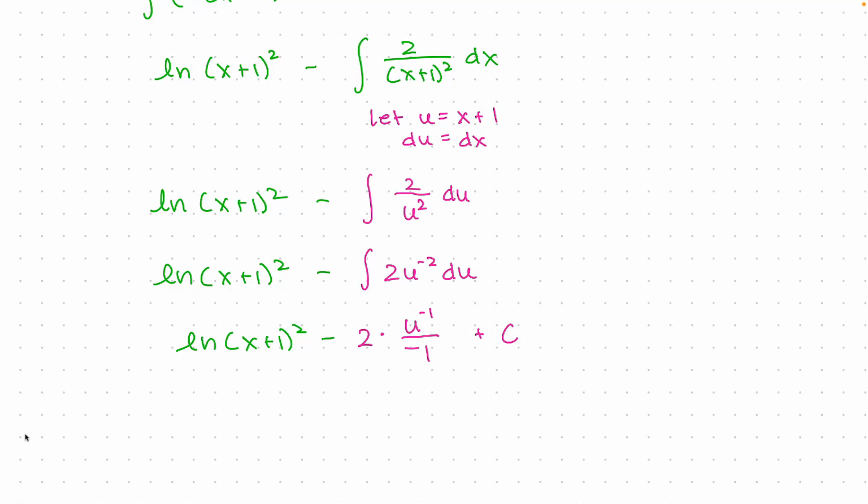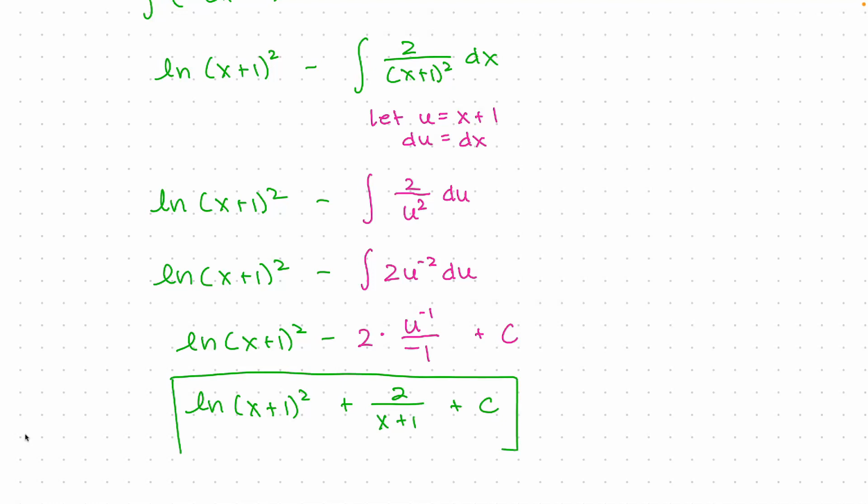So now, let me know if this is too many steps at once, but I see this negative times a negative, so that's going to turn this into a plus sign. And then u to the negative 1 would be just 1 over u, but right above u is x plus 1. And there's your answer. Right there.